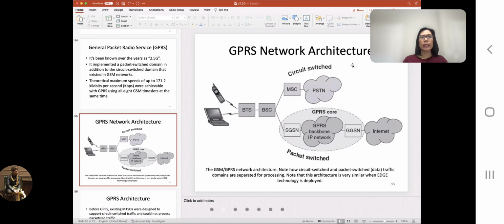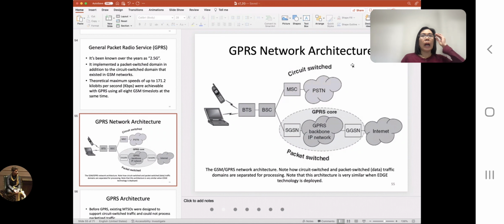Basically, the whole circuit or the whole path is reserved. There's no switching, no packet to switch at each router. If there are routers, or what we call switches, on the way, the whole path is reserved in advance. That path is called a circuit. So that's why we call this circuit switching.